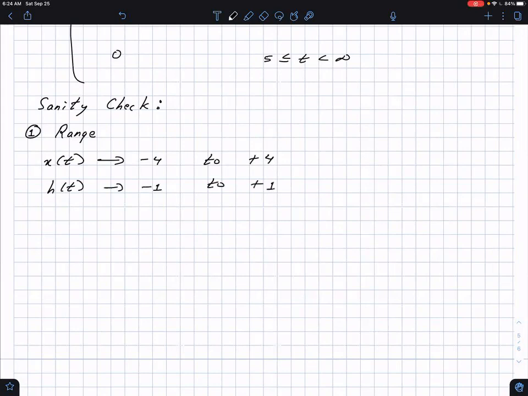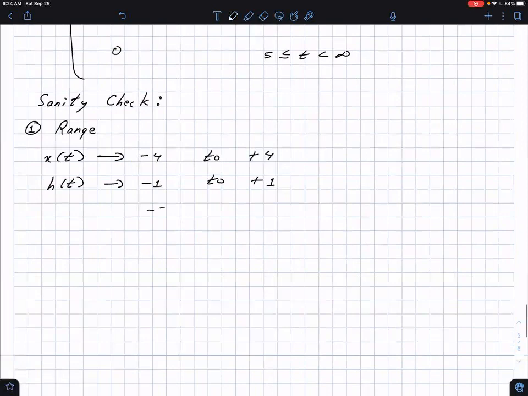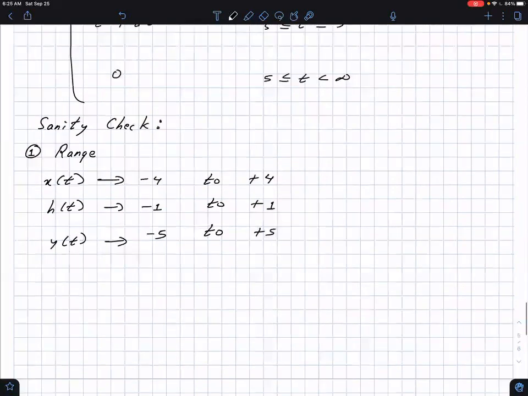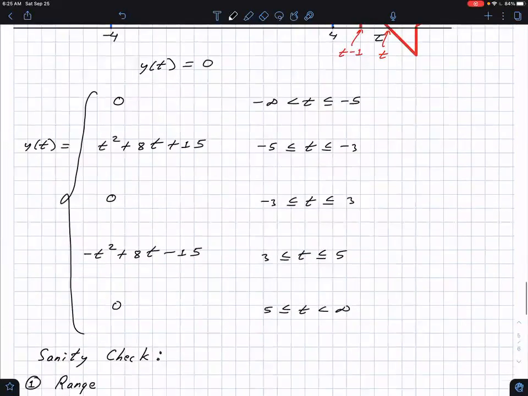So this means that for y of t, we should take the sum of these two, we get -5. We take the sum of these two, we get +5. So the non-zero range of y of t should be from -5 to +5. And if we look at our expression here, we see that it is from -5 to +5. So the range of y of t checks.